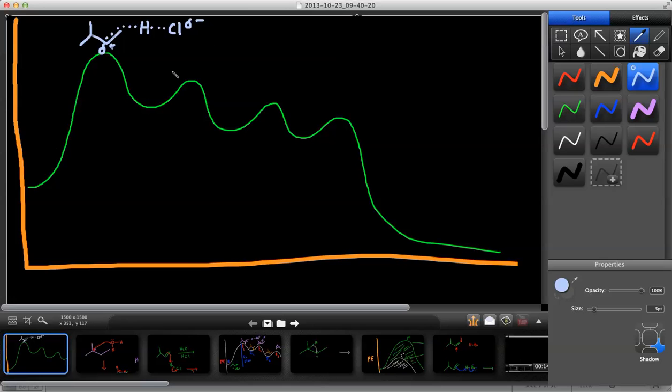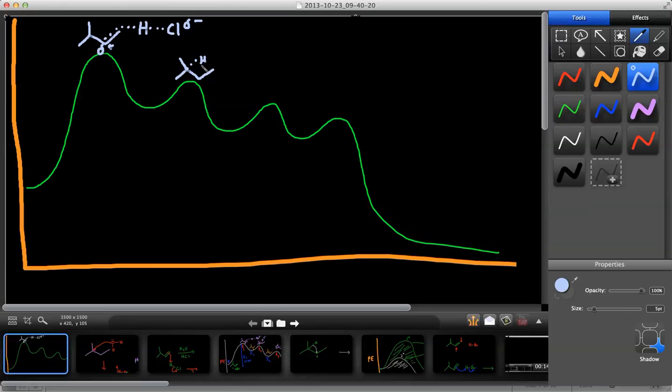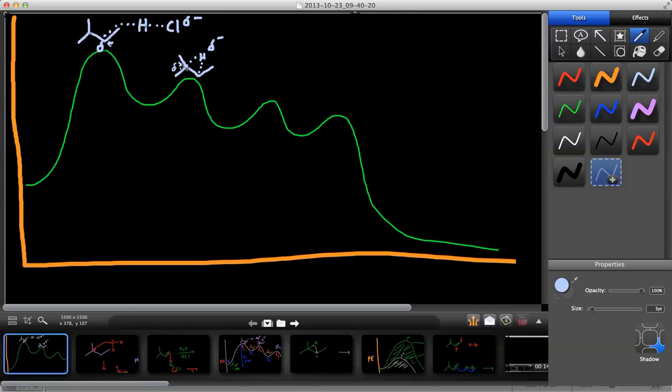Second transition state is when I'm going to begin to show the rearrangement. Partial negative on the hydrogen and a partial positive on the tertiary carbon.